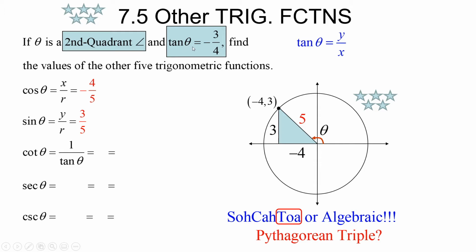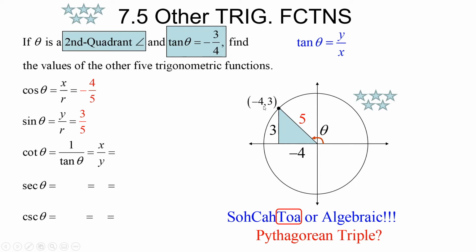Well, if tangent of theta is negative 3 over 4, 1 over tangent of theta would be the reciprocal of negative 3 over 4. But before we get there, let's do our algebraic definition too. So 1 over tangent of theta. Well, remember, tangent of theta is y over x, so this would have to be x over y. And now I can use my diagram or just my reciprocal of negative 3/4 up here. Let's use the diagram just to practice it.